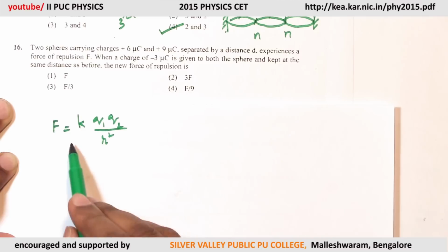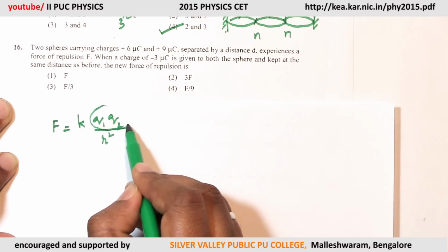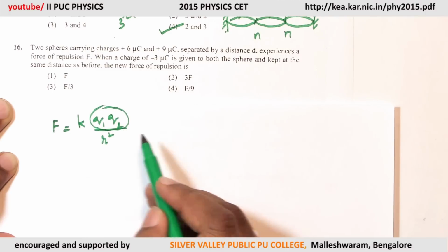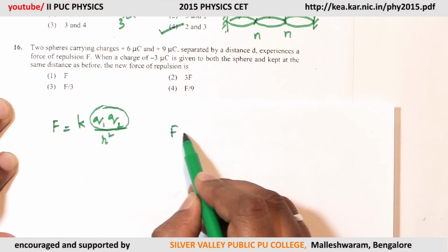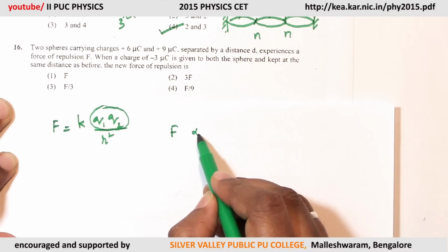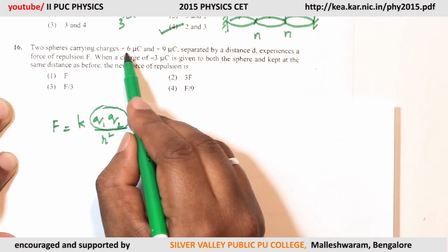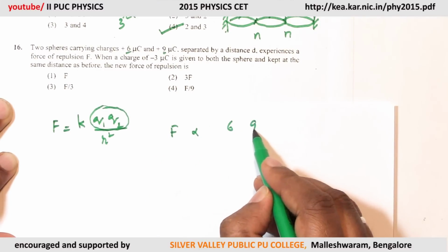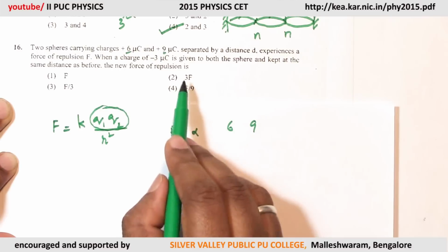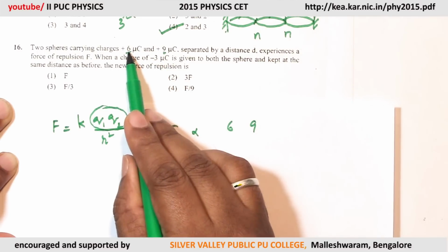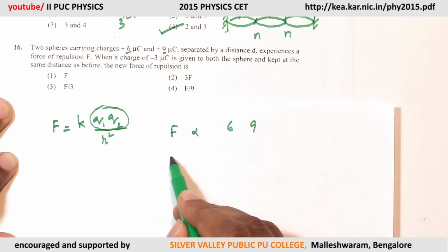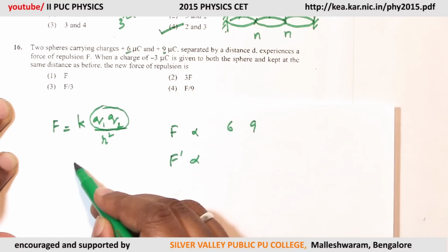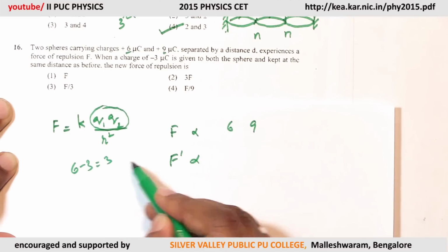Now concentrate on only these two. Force is directly proportional to product of the charges. Initially 6 and 9 micro. Now minus 3 is added to both. New force is proportional to, if minus 3 is added, 6 minus 3 is 3.